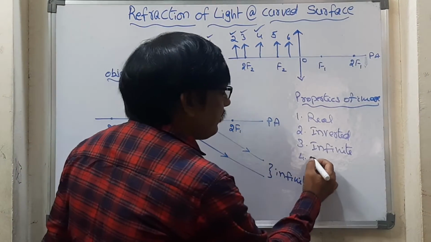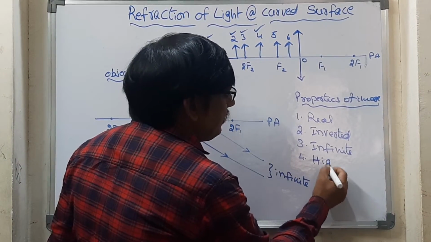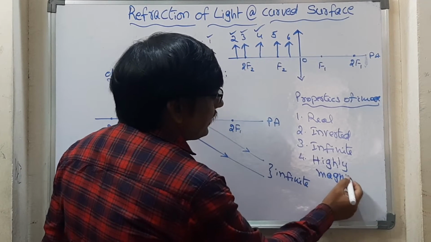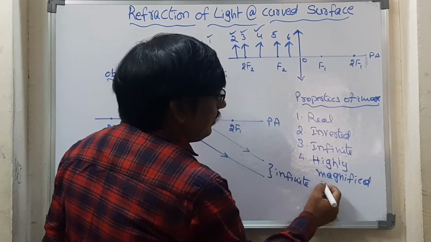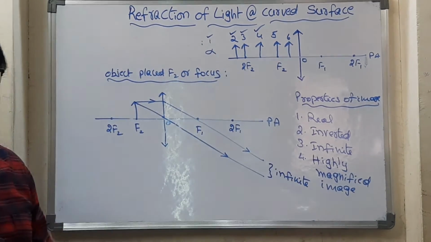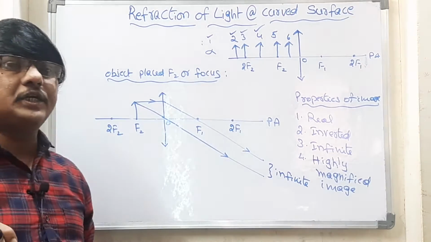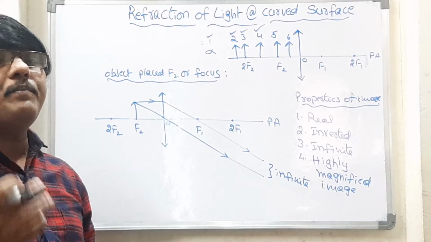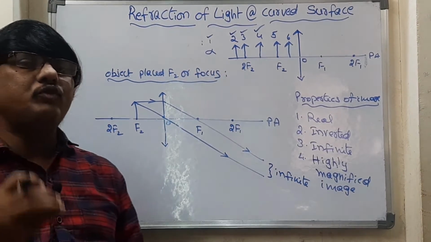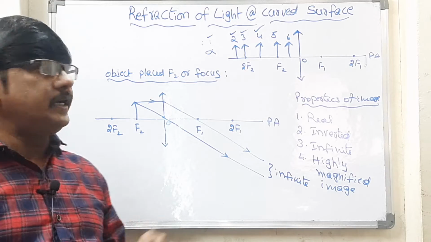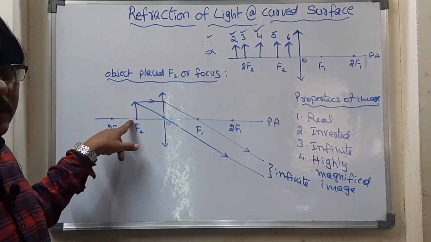So what type of image can be formed? Highly magnified image. These are the properties. The question will be asked, draw a ray diagram where you can get the highly magnified image. It means you have to place the object at f2 or focus.